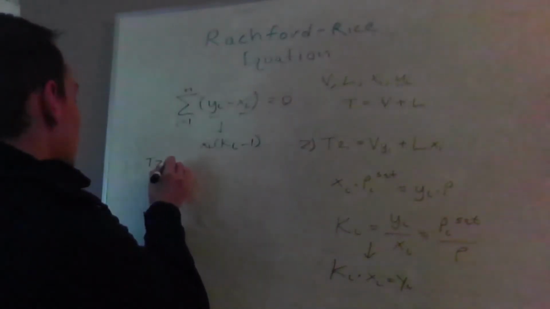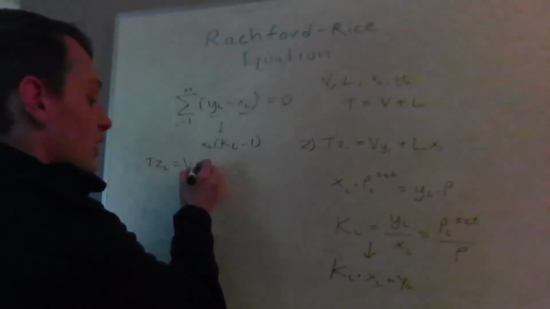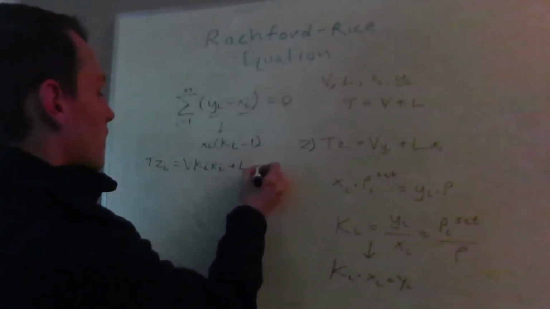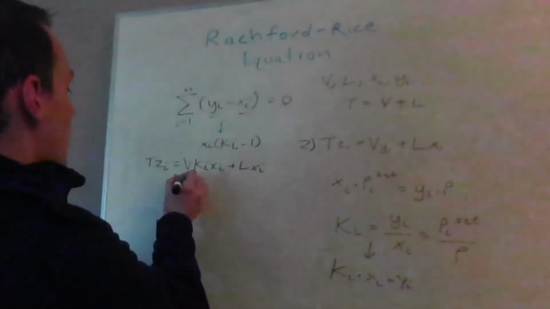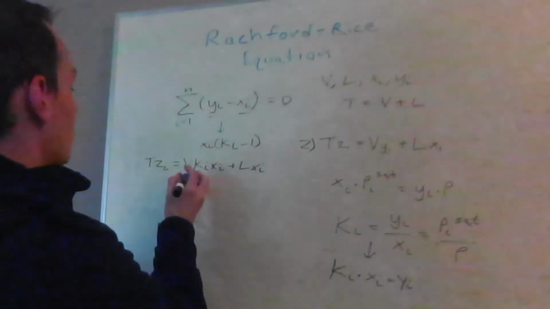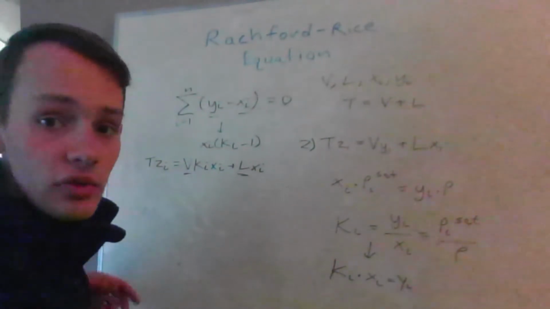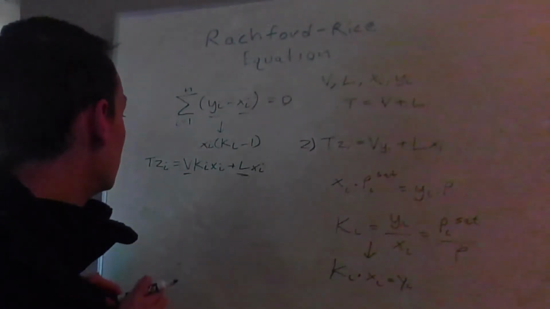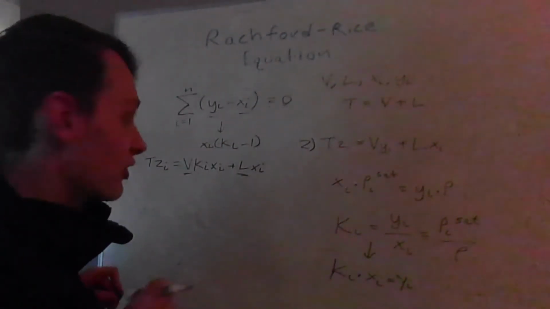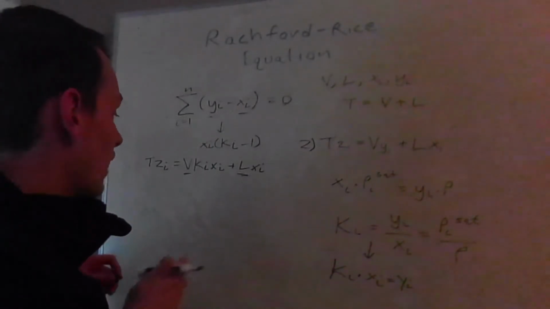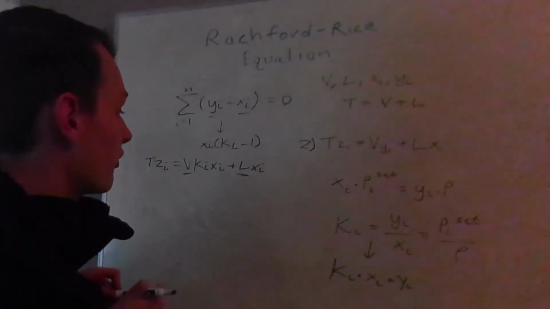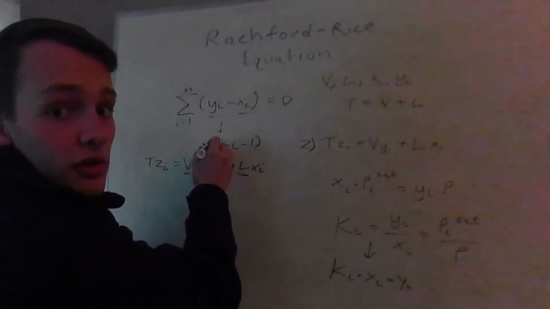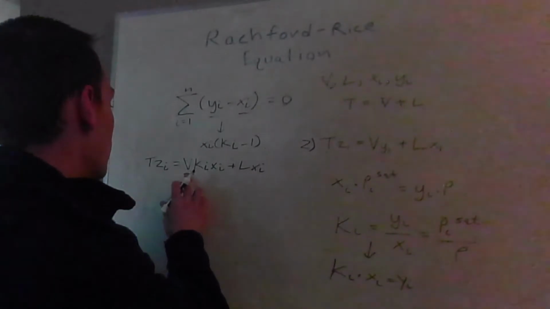So we would have T times zi equals V Ki xi plus L xi. And remember that V and L are definitely unknowns, right? That's the moles in the vapor phase that is flowing out at some rate from the top of our flash drum, and then the moles per second in the liquid phase that's exiting from the bottom of our flash drum. And then obviously we're trying to actually get an expression for xi that we can substitute into there. Okay, so that's the goal of this manipulation.